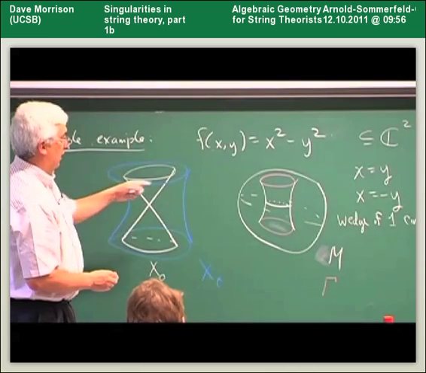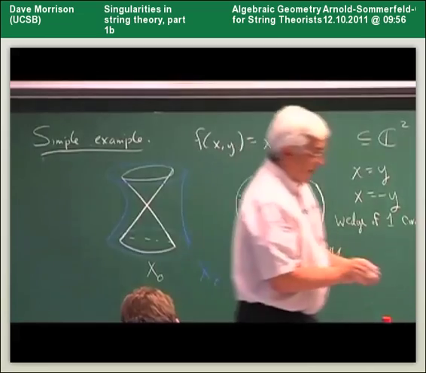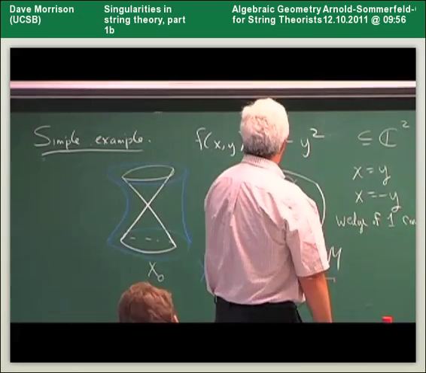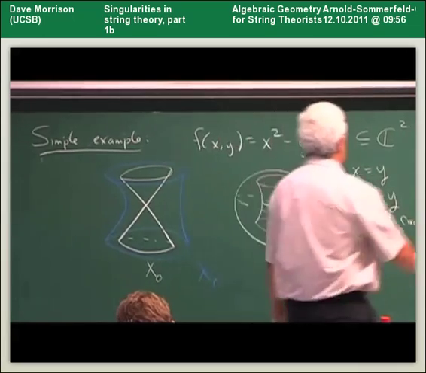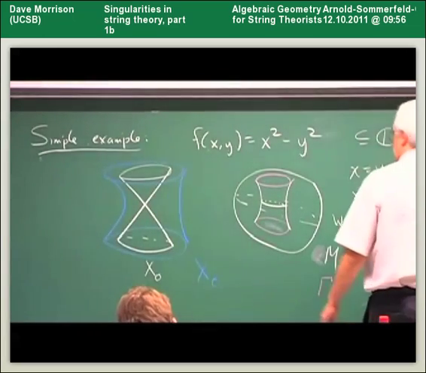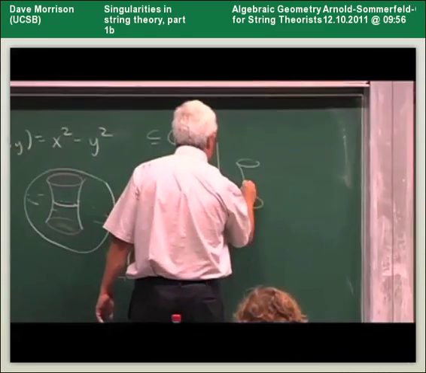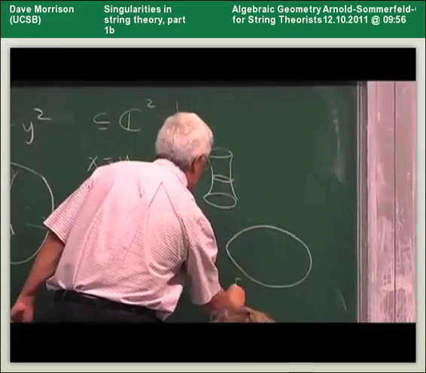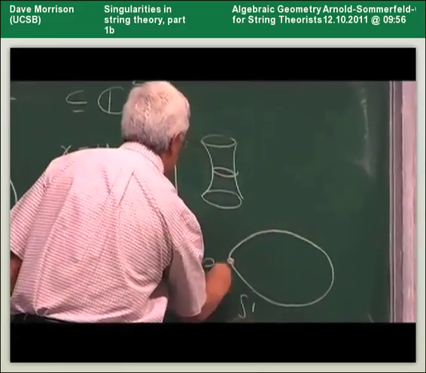So in this particular case, we can also say something about the monodromy. And the monodromy goes like this. So here's my parameter circle S^1. Here's my e^(i theta) point.